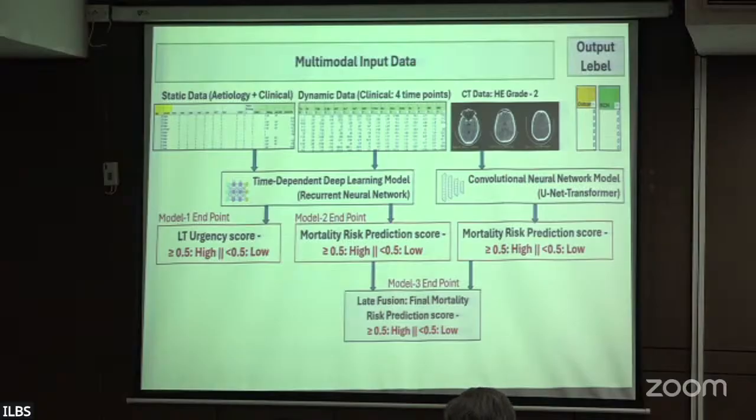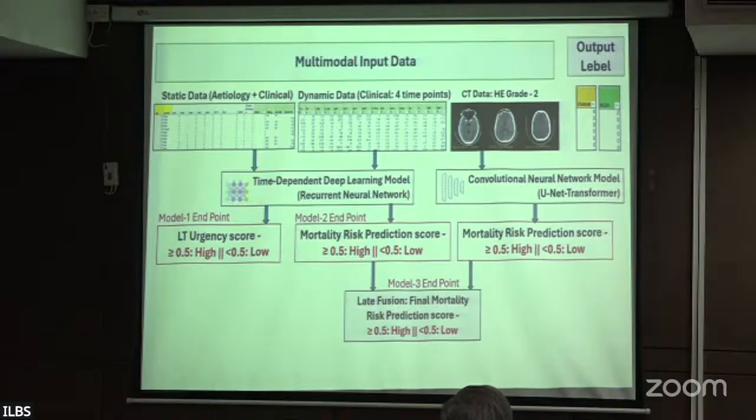If some patients don't have some parameters, we have to drop them, because the whole vector should be the same. If some values are missing, there is a process to handle the missing values. But if the CT scan is missing, it cannot be replaced. So the whole modality cannot be replaced.